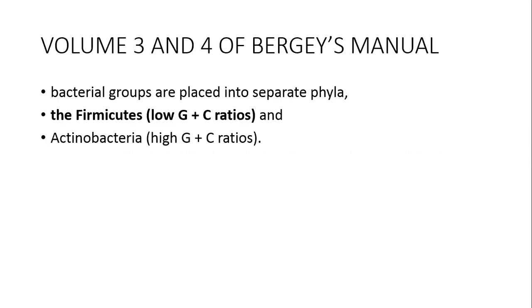So these volume 3 and volume 4 of Bergey's Manual of Systematic Bacteriology are basically in the second edition of Bergey's manual. According to that second edition, volume 3 and 4 can be divided into two different groups, the Firmicutes and the Actinobacteria.